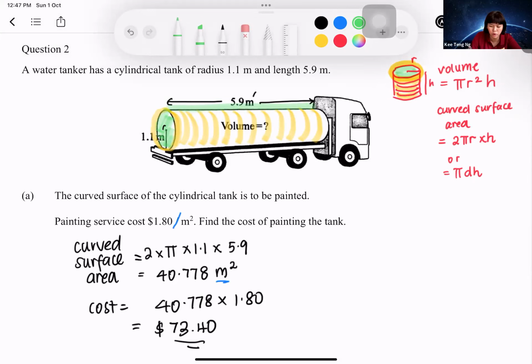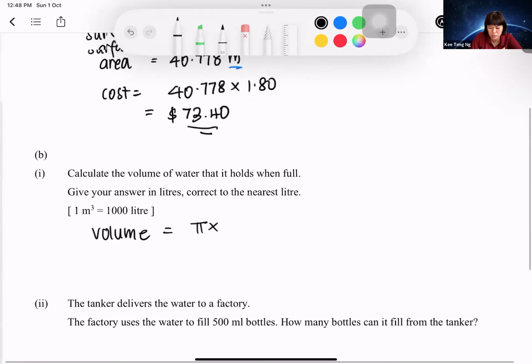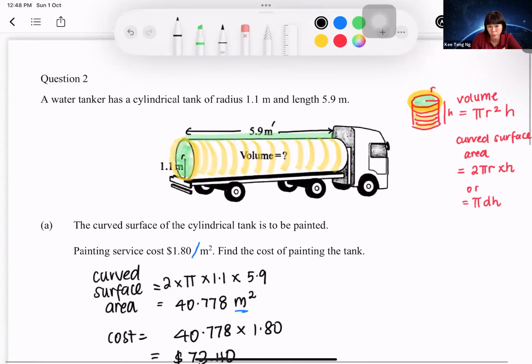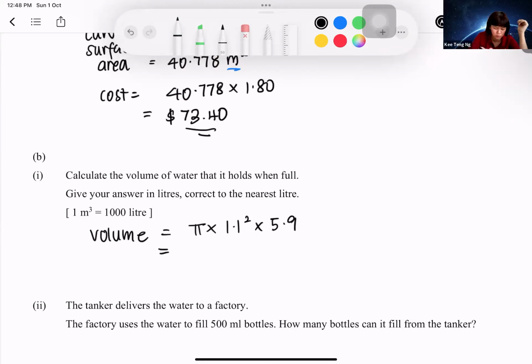This is in meter, so the volume will be meter cube. So volume equals pi r square, the radius is 1.1, 1.1 square times the whole length, in this case, 5.9 meters.